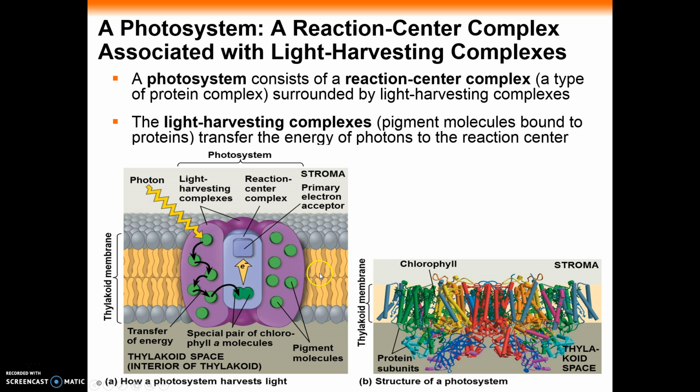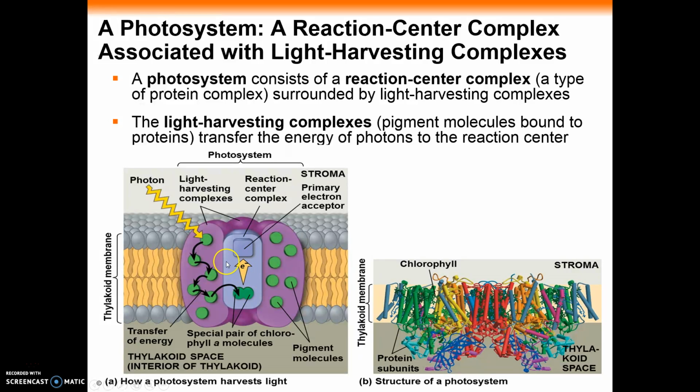So here in a membrane, we have this big photoreceptor complex, which has all these pigment molecules surrounding a central core, which has a pair of chlorophyll molecules. The light comes in, gets absorbed, and then is retransmitted, focused in on the chlorophyll in the middle.